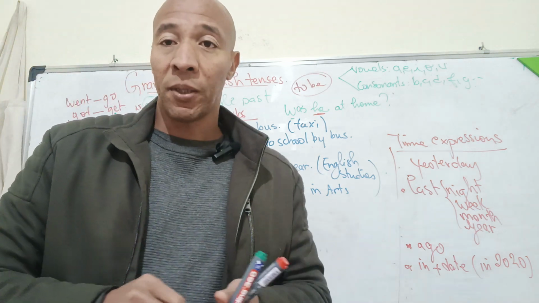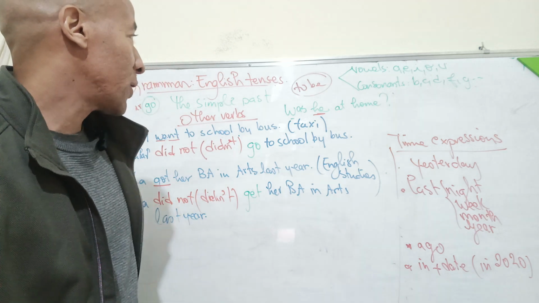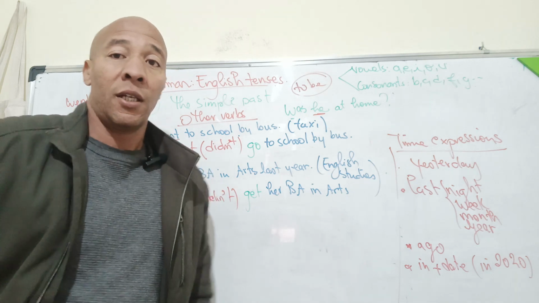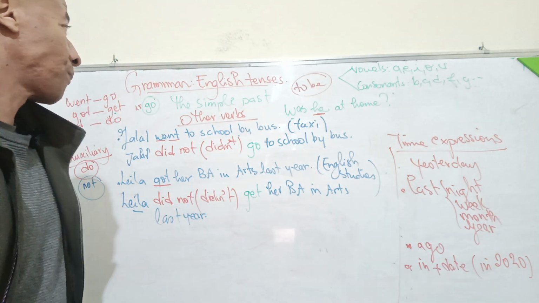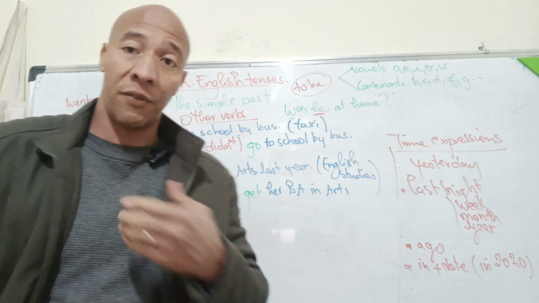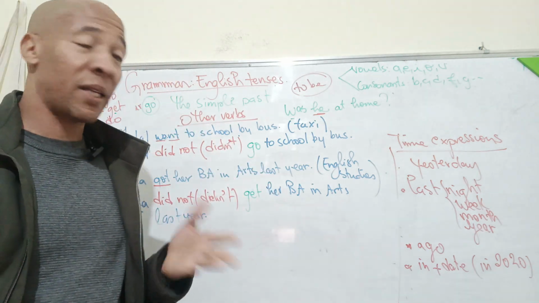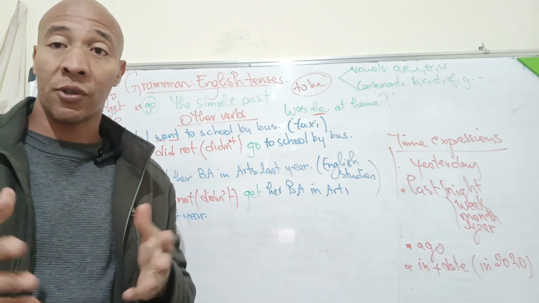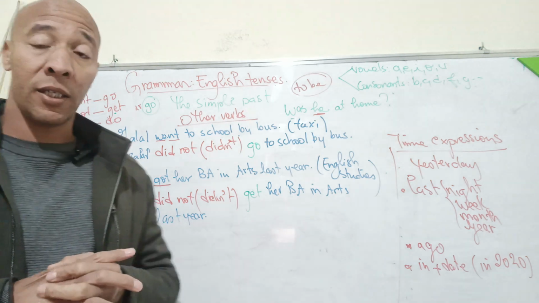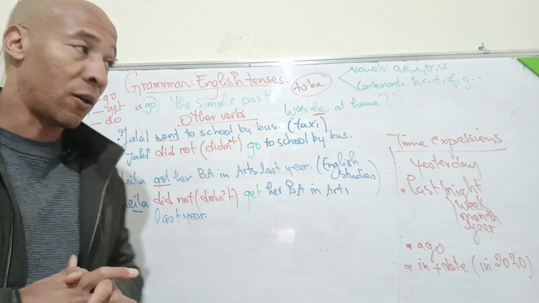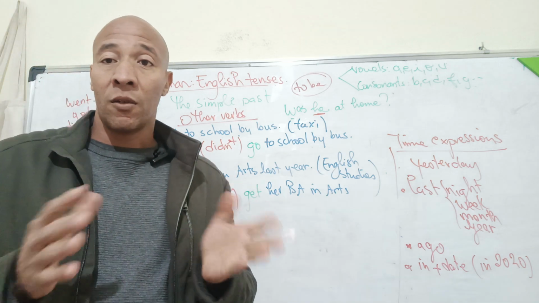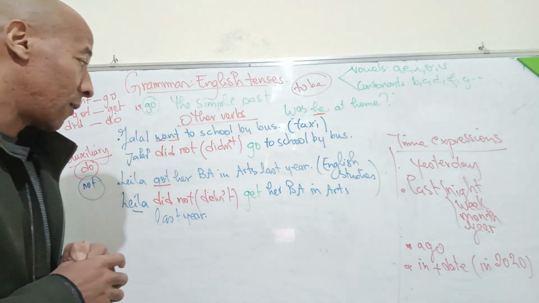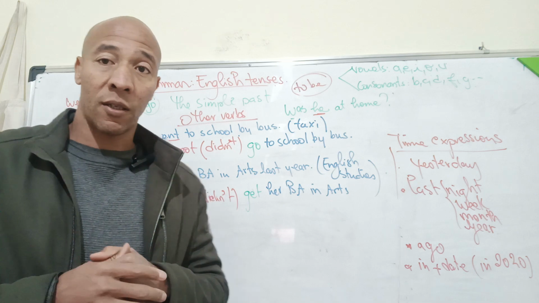So this lesson is simply about the simple past. As a recap or as a review of today's lesson, at the beginning we went through discovering the meaning or the use of the simple past, and also we differentiated between regular and irregular verbs, and then we saw some exceptions.